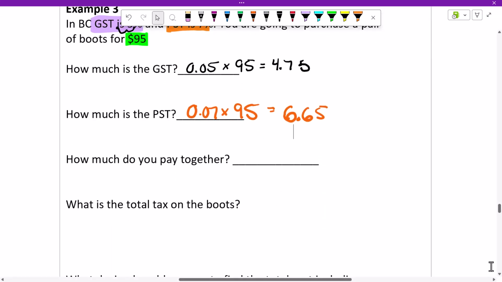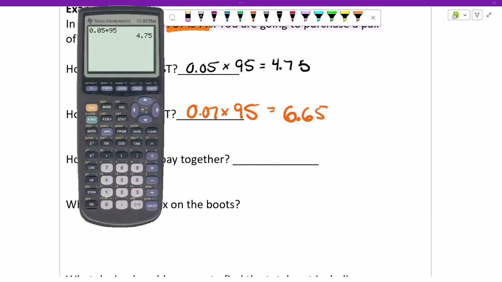So we have our calculator, and we want to find out what is the total tax we're paying. The total tax we're going to pay is $4.75 to the federal government and another $6.65 to the provincial government.